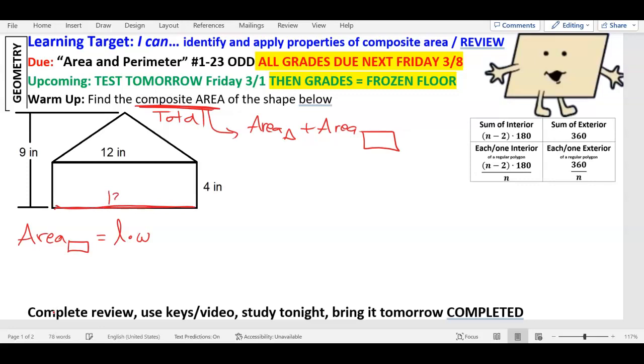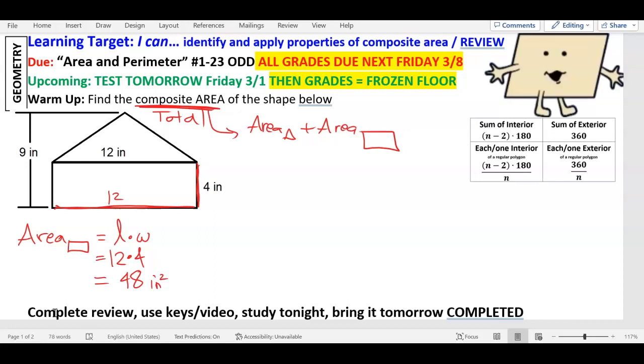Okay, it matches the other side, so 12 times, what's the width or the height? 4, right? So 12 times 4. This should be really easy for a rectangle, right? What do I get? 48 inches squared. Okay, so that's just the rectangle, no big deal.